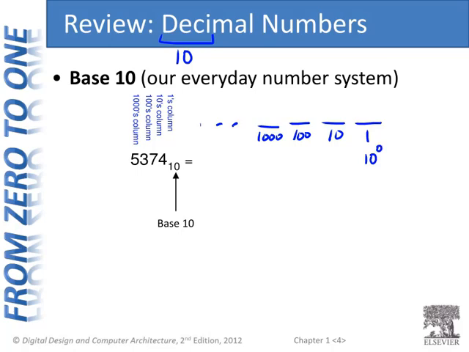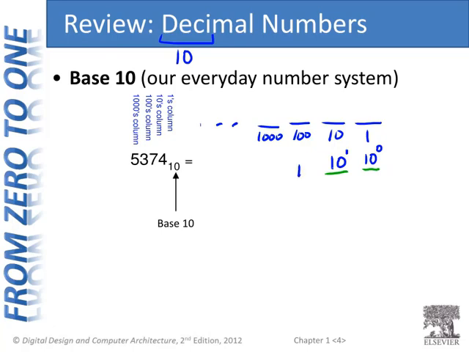So here's our base 10 raised to the power of 0. The next digit has the value of 10 raised to the power of 1. So that's the tens place, but again, we just have our base raised to the next number, 1.